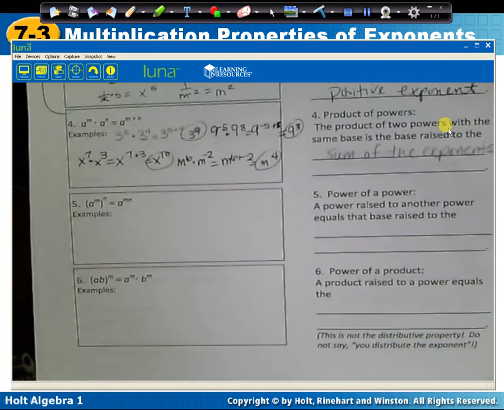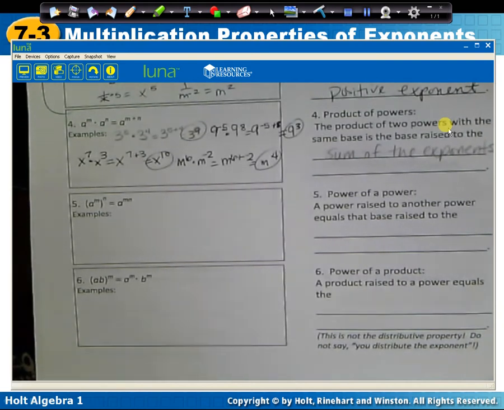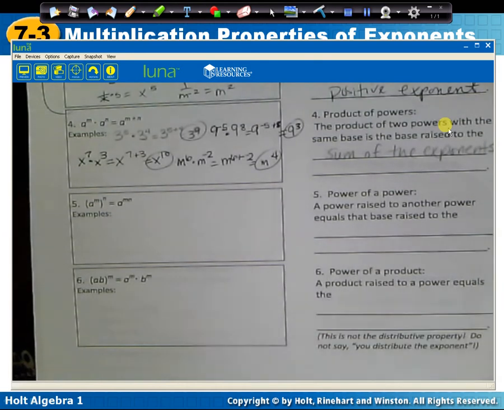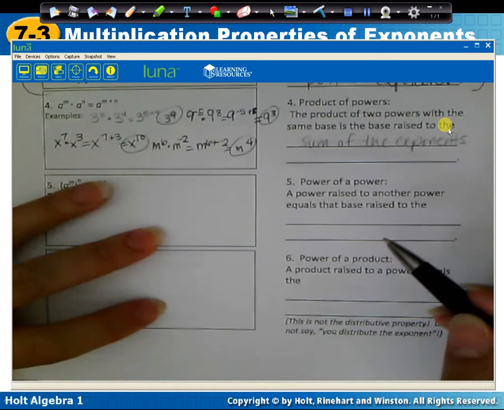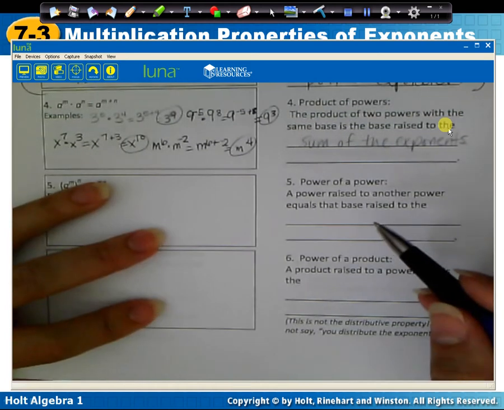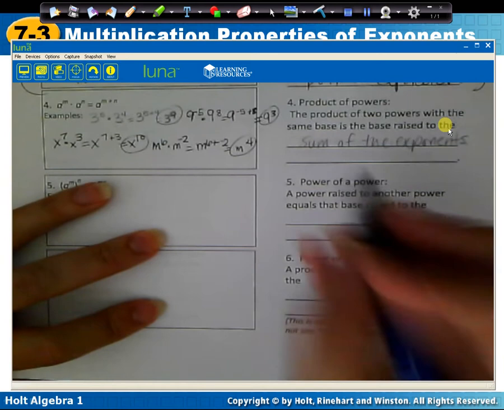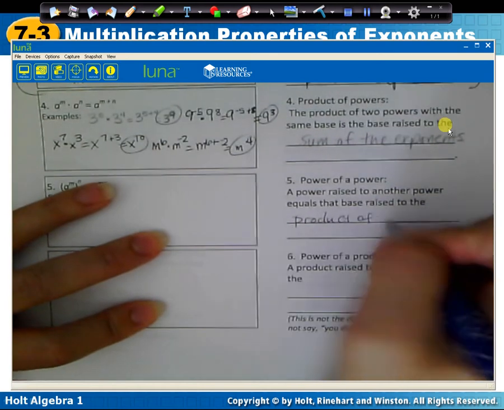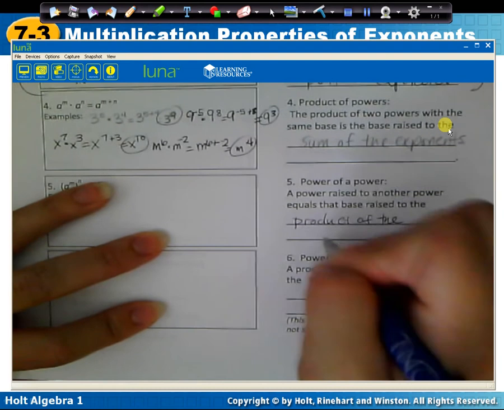Now let's look at the next property. I have the power of a power. The power of a power says a power raised to another power equals that base raised to the product of the exponents.